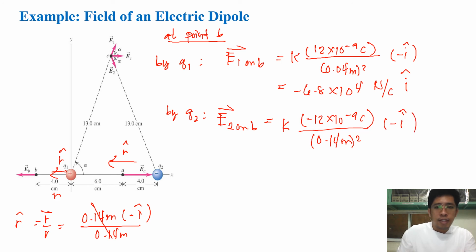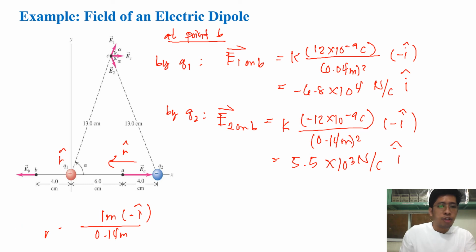You can solve this one and you get positive 5.5 times 10 to the 3 Newton per coulomb I hat. So these are the individual electric fields caused by the two charges.